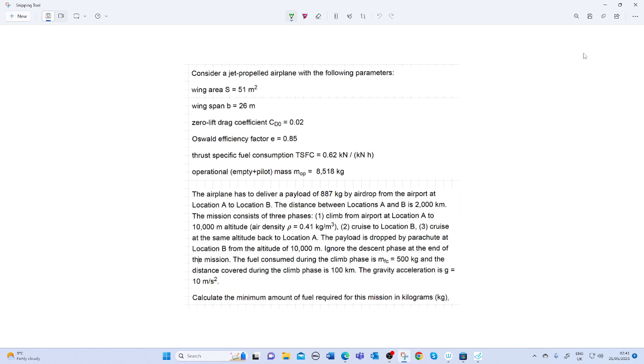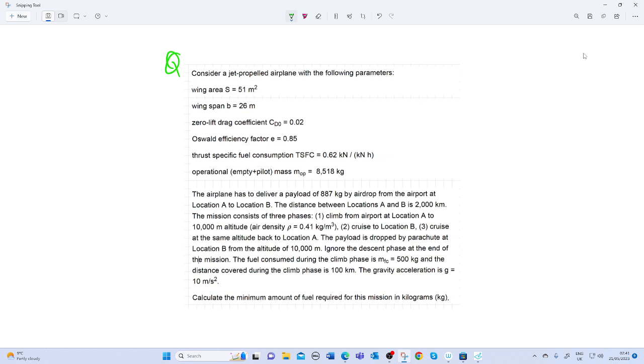Now, let's read through the following question. Consider a jet-propelled airplane with the following parameters: the wing area S is 51 square meters and the wingspan is 26 meters. The zero lift drag coefficient CD0 equals 0.02.